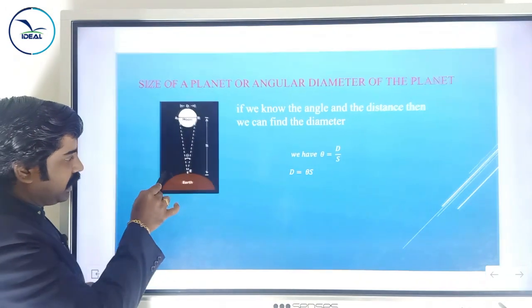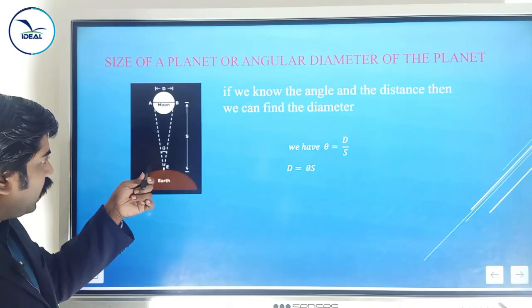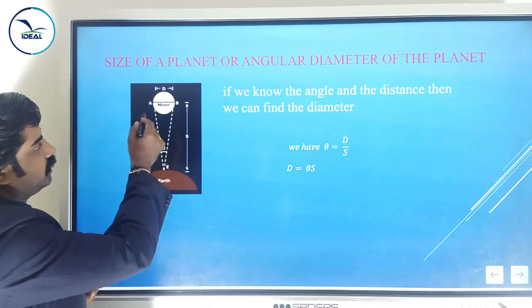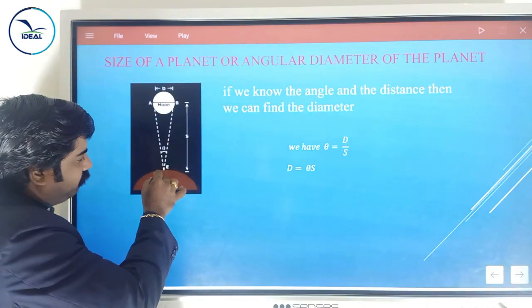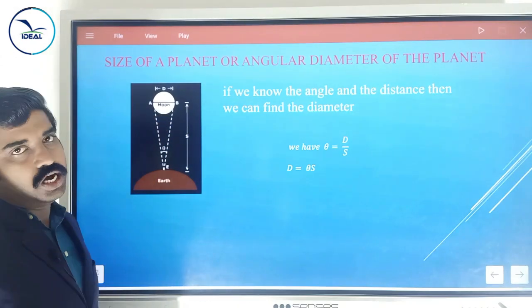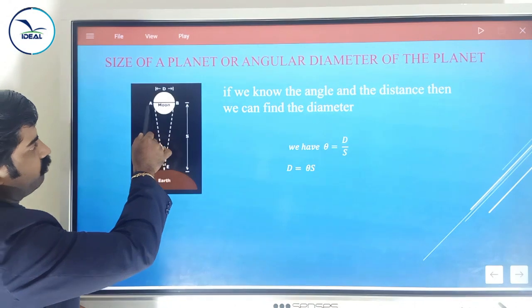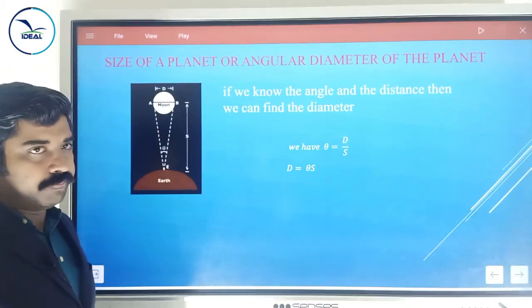So I am observing that object from the point E, and I observe the distance A here, means I am observing from here to this point, means diametrically observing. So this is a diametrical point A, and the opposite side it is B.